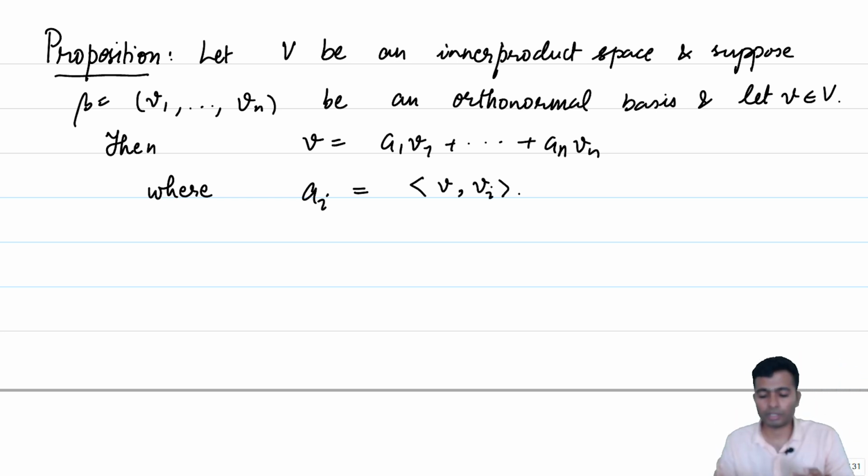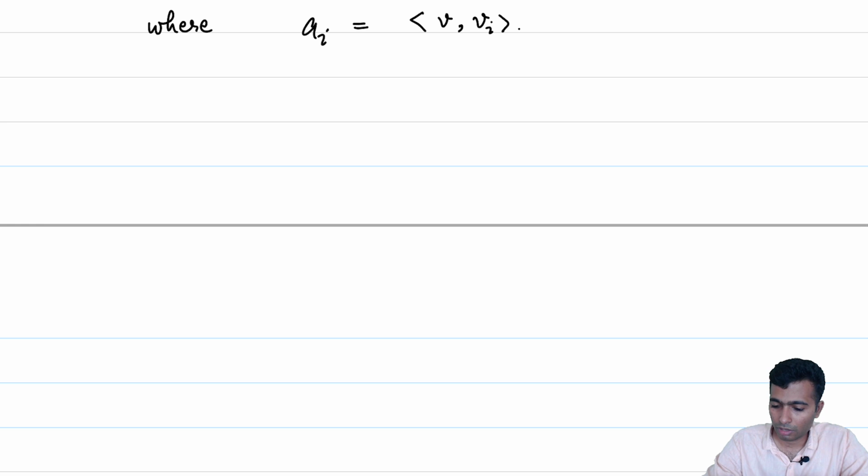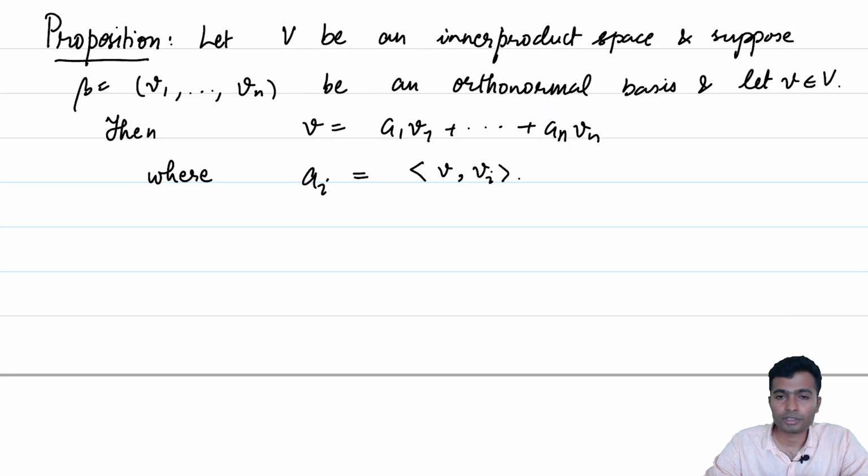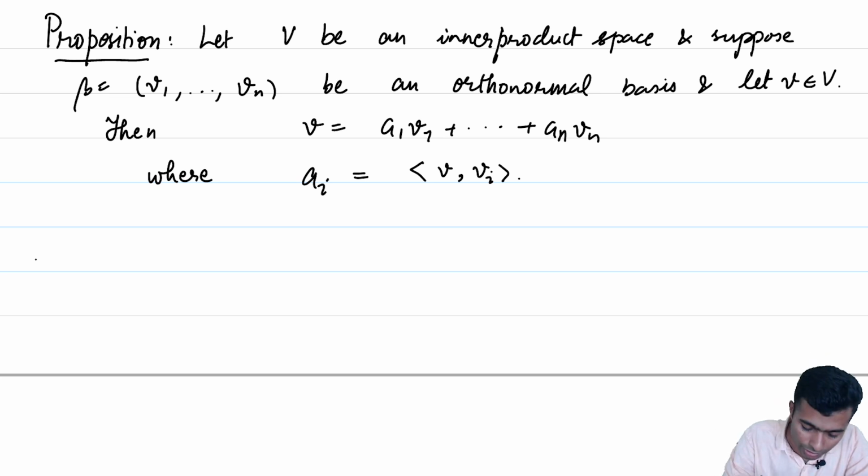So we know explicitly what the coefficients of each of the Vi's are in the linear combination of V1 to Vn which is equal to V. So let's give a proof of this proposition.